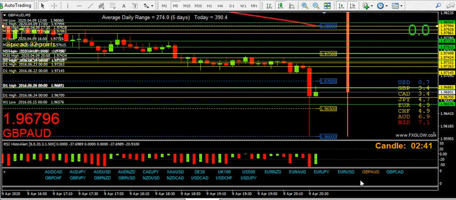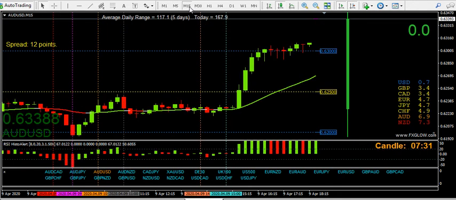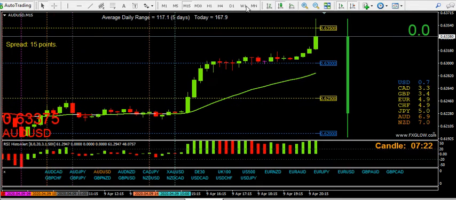Let's just see what Aussie dollar actually did. Aussie US dollar. That would have spiked up, obviously. We're on a 5-minute chart. 15-minute. Come on, catch up. 30-minute.